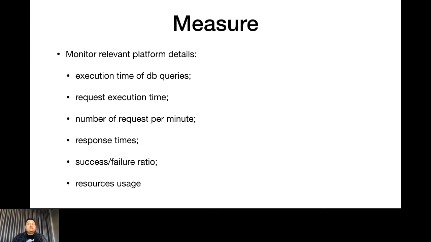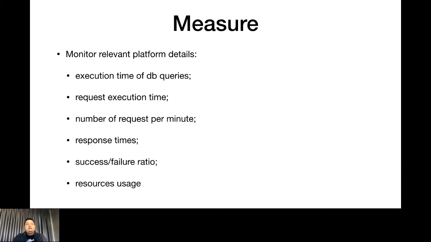So what you should measure, of course, differs depending on the application type. The most obvious ones are the execution time of queries, request execution time, number of requests per minute, response time, success-failure ratio, and resource usage.